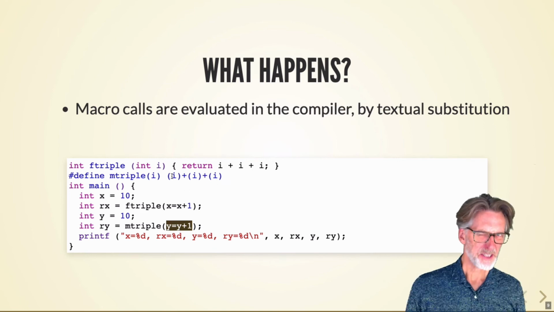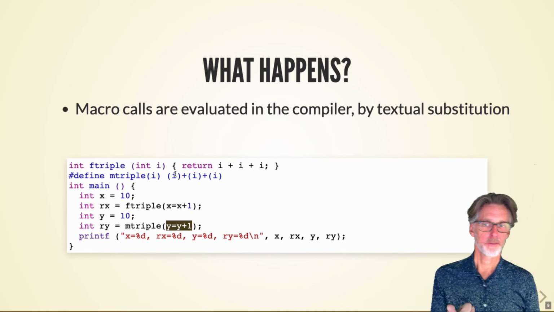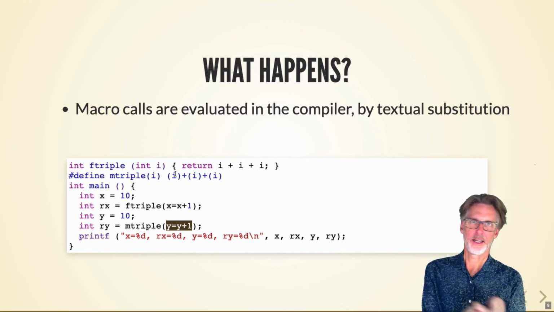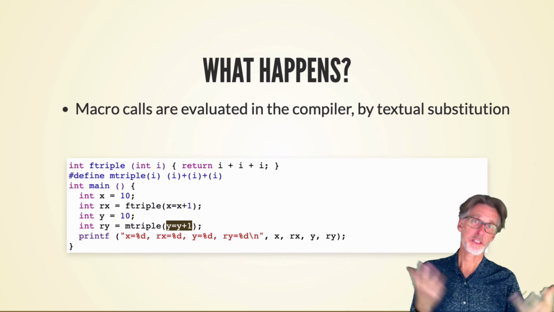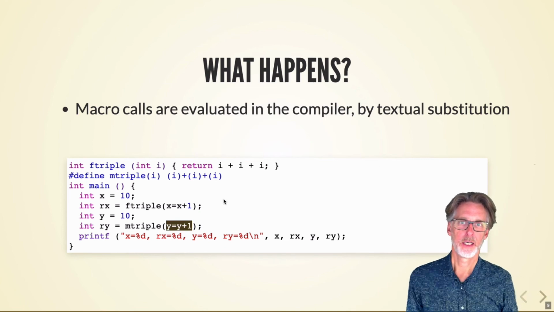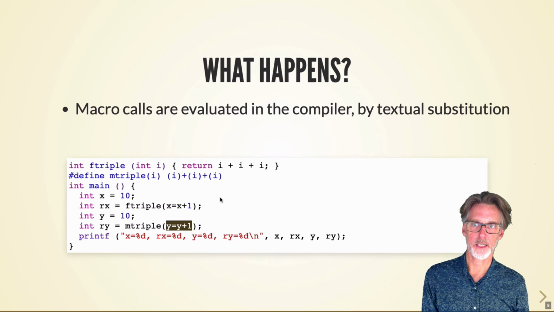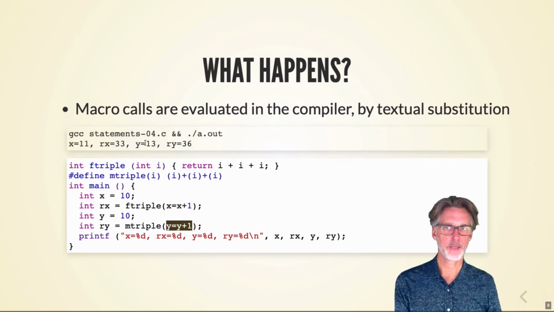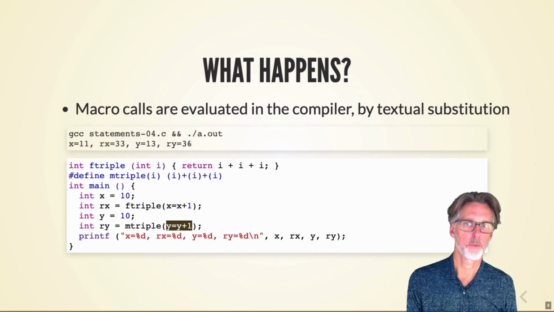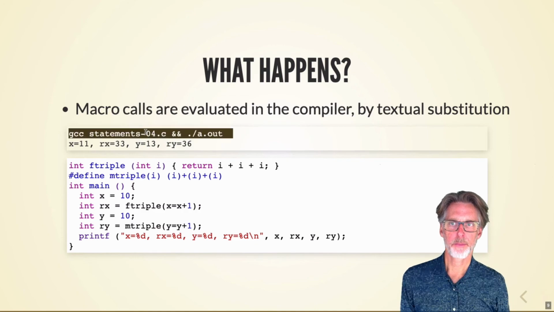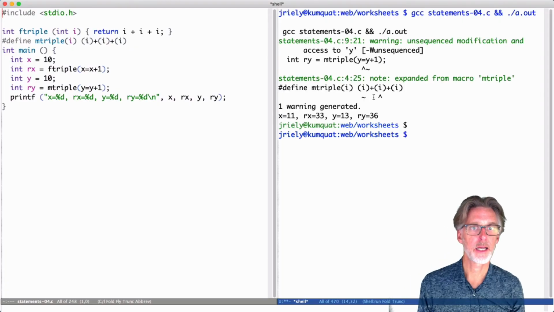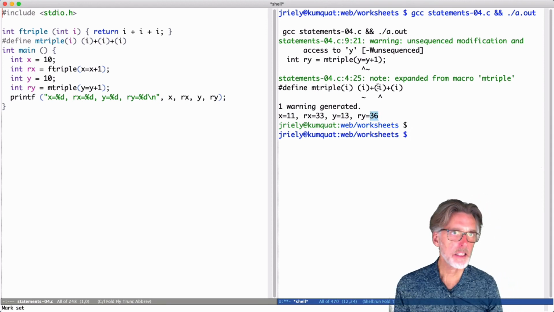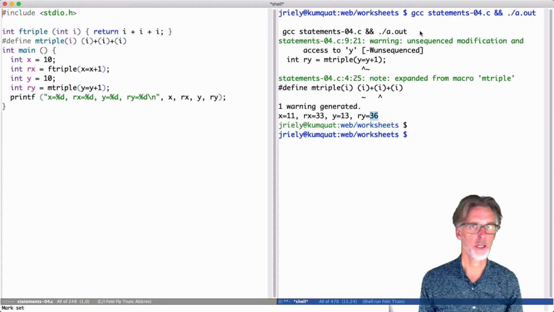So the first expression we expect to give us 11, the second 12, and the third 13. That's what I expect. When I ran this on my computer last time, that is indeed what it gave me. So I ended up with 36. Let's see what happens today. Indeed, today I'm getting 36. At least that's what GCC is telling me.